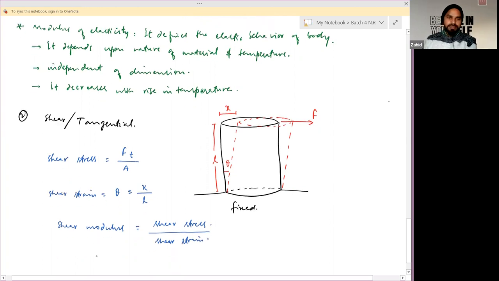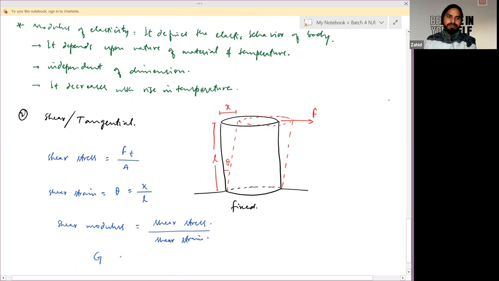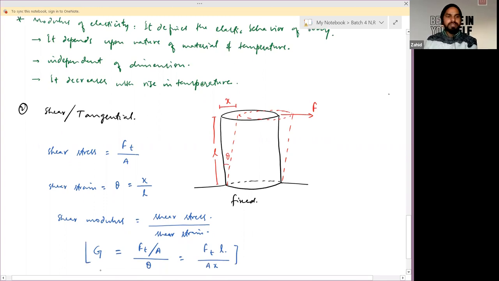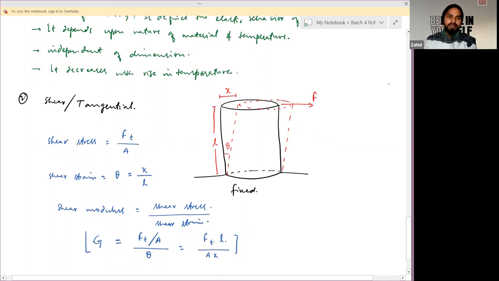Shear modulus is denoted by capital G, equal to shear stress, tangential force applied per unit area, divided by shear strain theta. If you put the values of all terms and rearrange, you will get F times L divided by A times x. So this will be the formula for shear modulus.